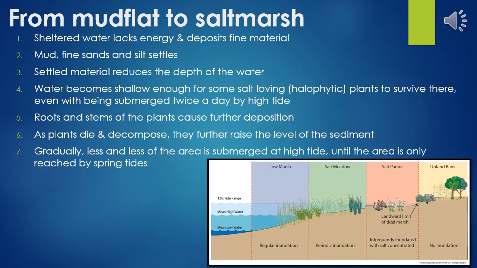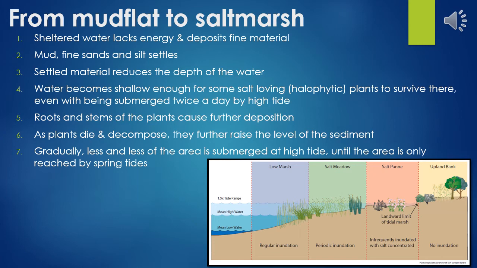So that's essentially a process that we call succession, which is where one area is colonized. The conditions there are really harsh to start with, but the colonizer plants make the conditions nicer by adding biological material to the soil, making it more fertile, and then more and more species can move in, and eventually we end up with a climax vegetation where there are no more interruptions and the area is quite stable.